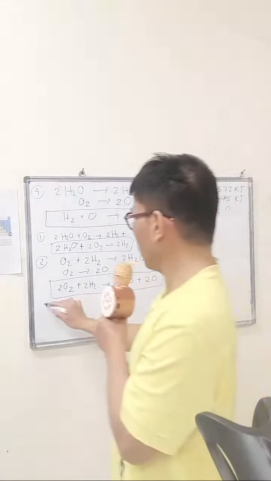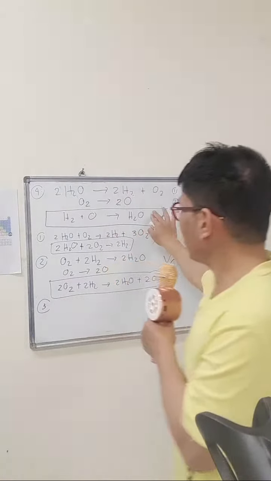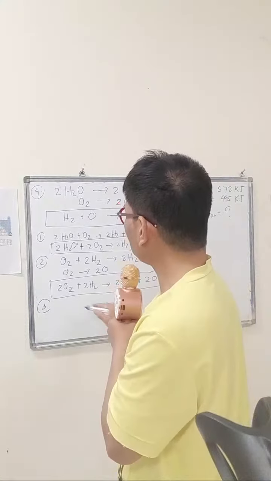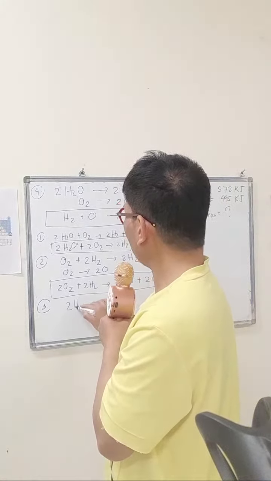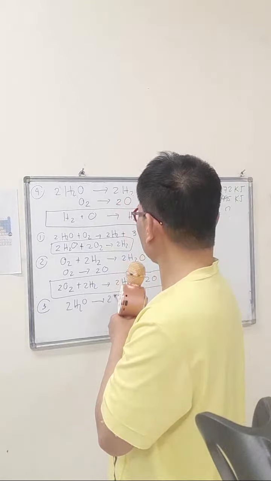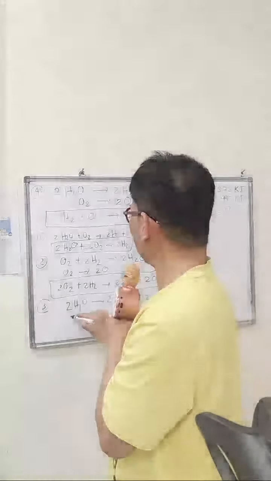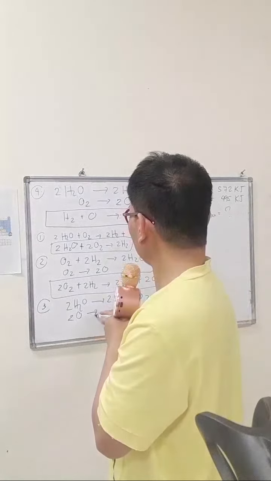Option number 3. Reverse the second one and add to the first one without reversing. So it's going to be 2H2O, 2H2 plus O2. This is option number 3. And then 2O, O2.